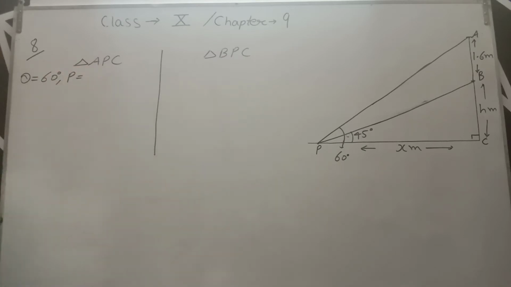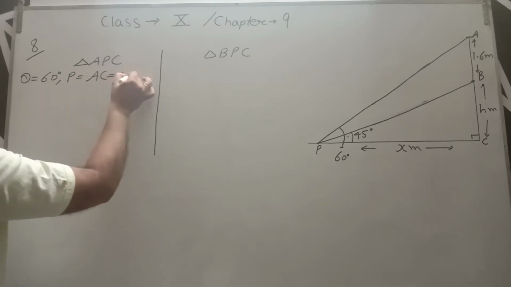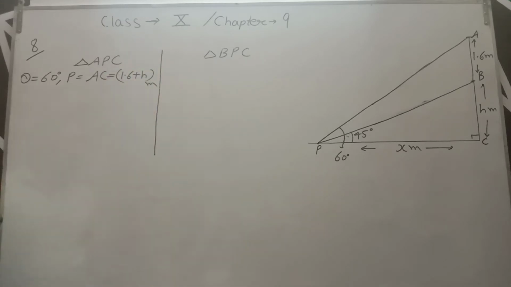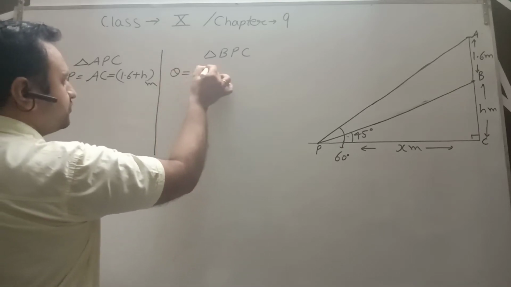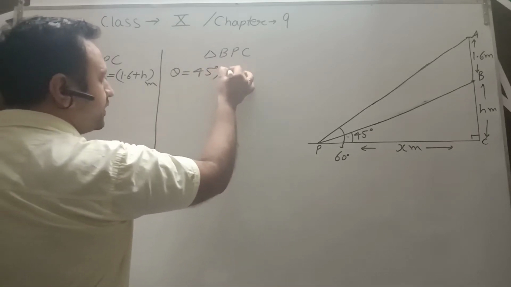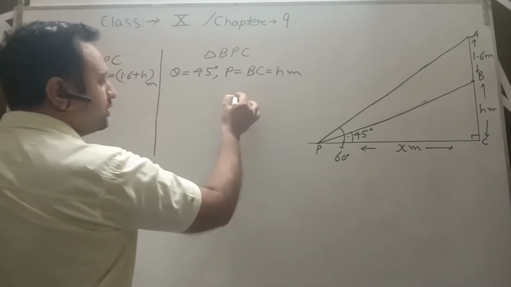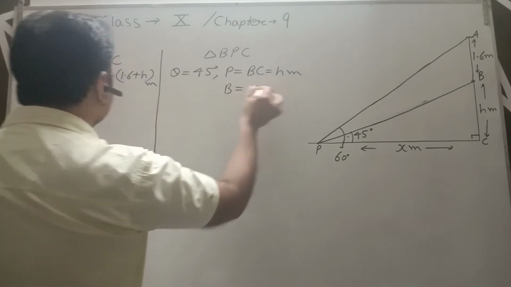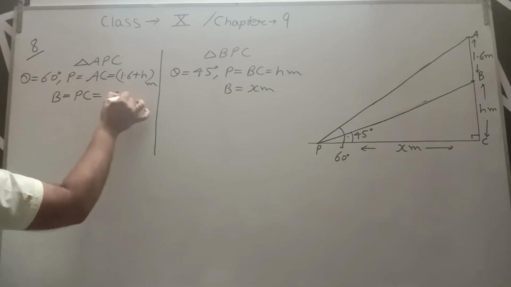The side opposite to the given angle is called perpendicular, which is AC, and its value is 1.6 plus h meter. In the second column triangle BPC, theta is 45 degree, perpendicular BC is h meter, and the base is x meter. In the question, base is PC, which is also x meter.